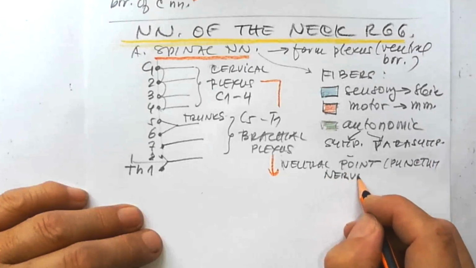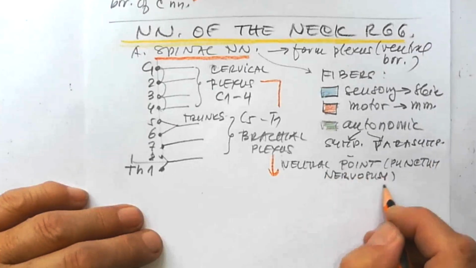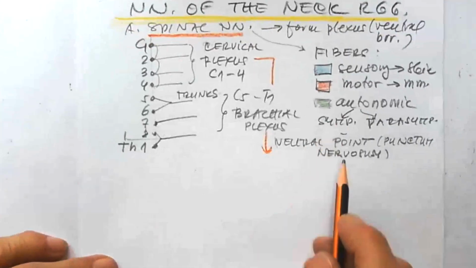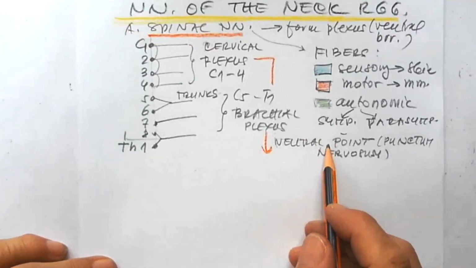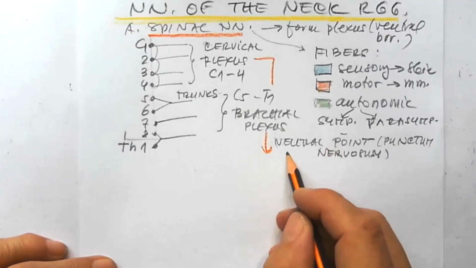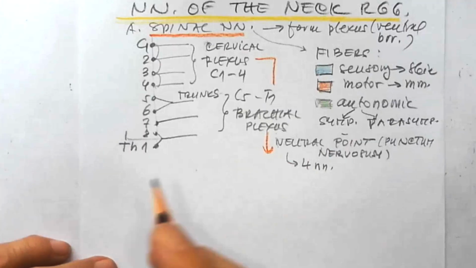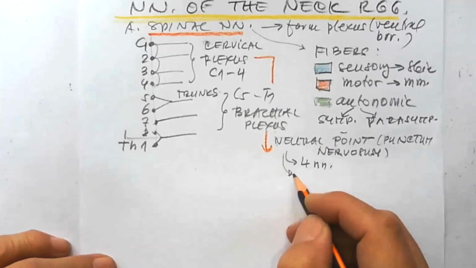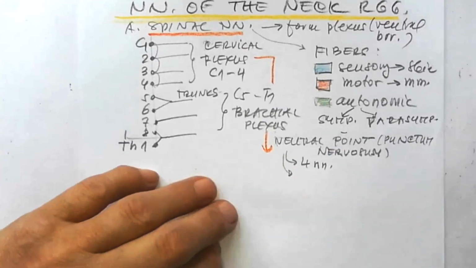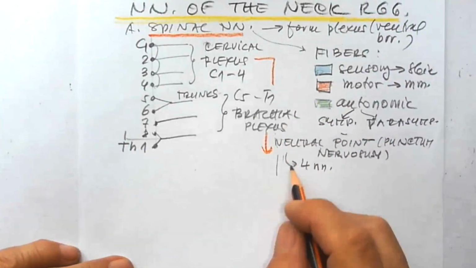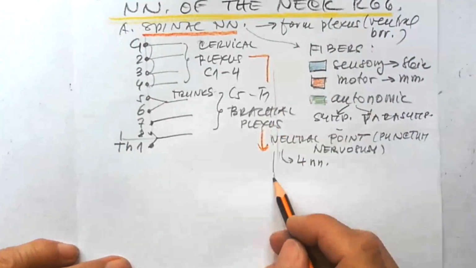You can read it in the books, so why not use both? So the neural point, which lies behind the sternocleidomastoid, sends 4 nerves. So we know them. We will not repeat them. Then there must be another arrow, that one.